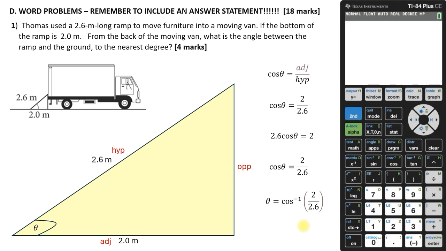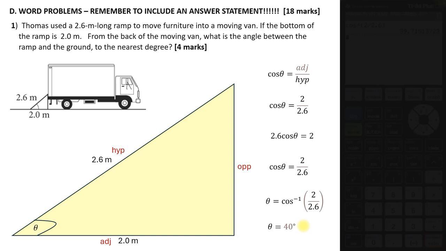With our calculator, we want to solve for the inverse cosine of 2 over 2.6. So we use our second function button. Click on cosine. 2 divided by 2.6, close our bracket, for a value of 39.71. And this rounds up to 40 degrees.